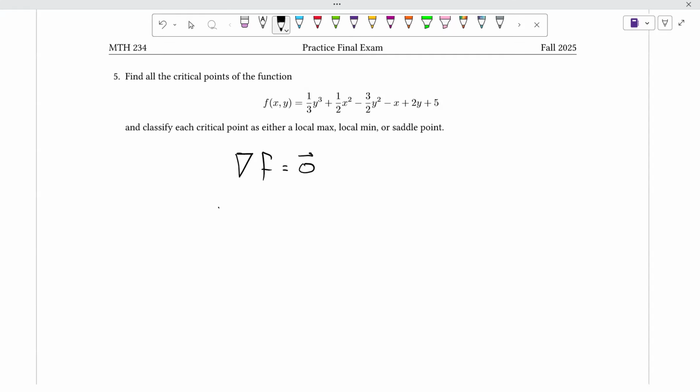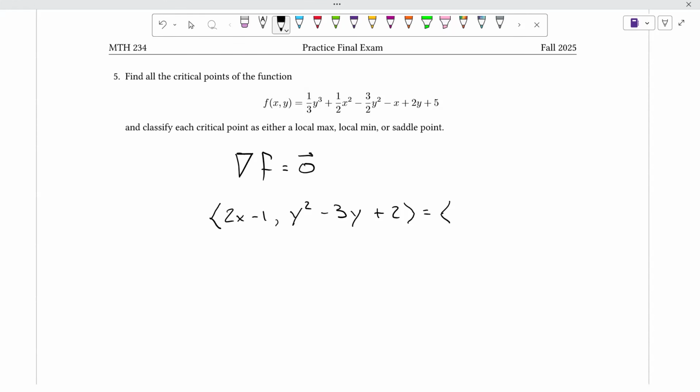So that should look like the x partial derivative, which is 2x minus 1, comma the y derivative, which is 1/3 times 3y squared, minus 3/2 times 2y plus 2.